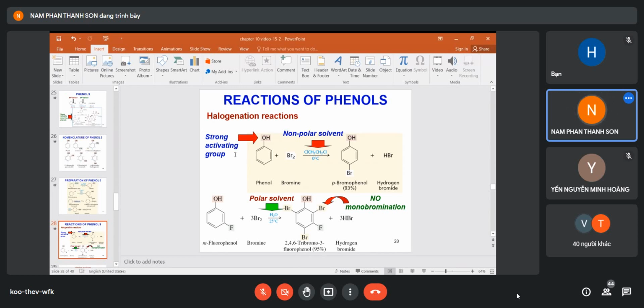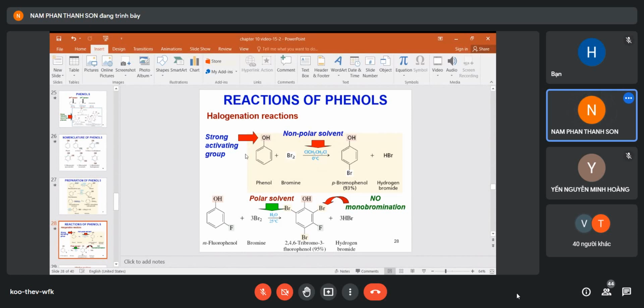Okay, so phenol has whatever a benzene ring has. The thing is, in phenol we have OH, and OH is electron donating.